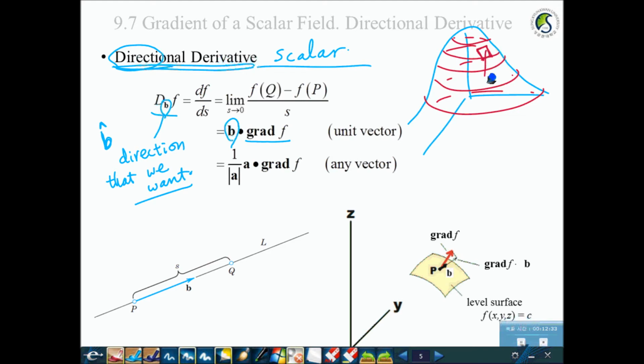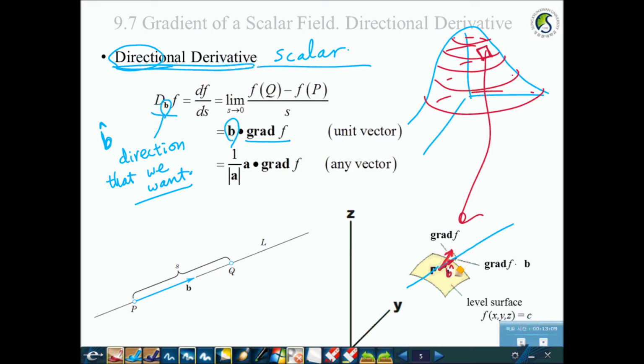If we calculate the gradient at point P, that's the gradient vector. And the desired direction is this, the direction that we want, and the unit vector in that direction is B.